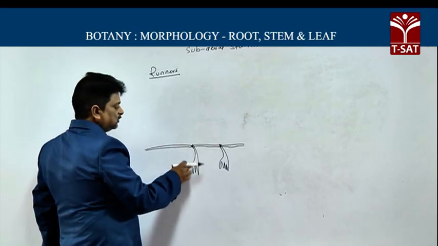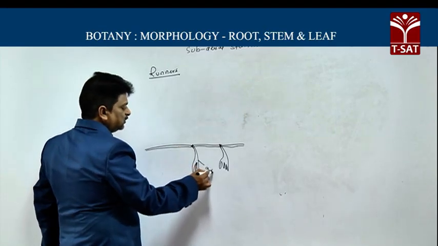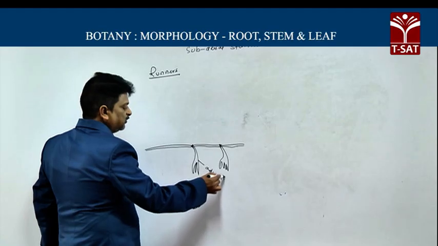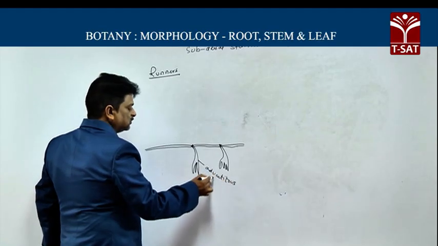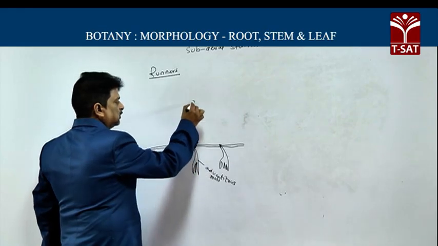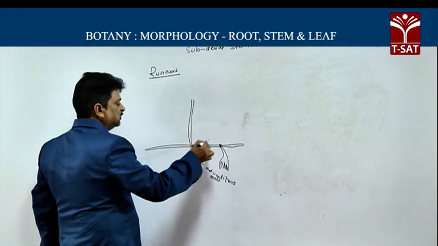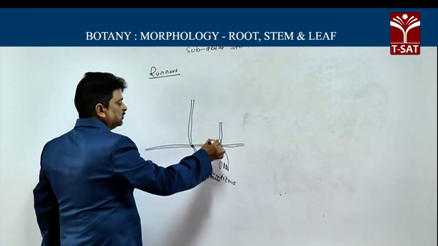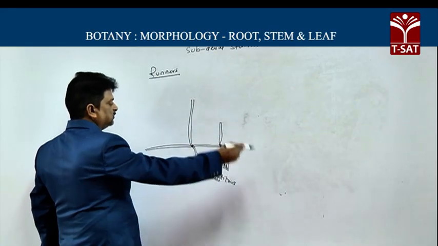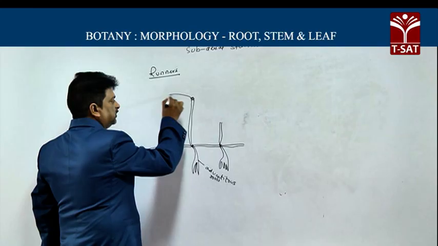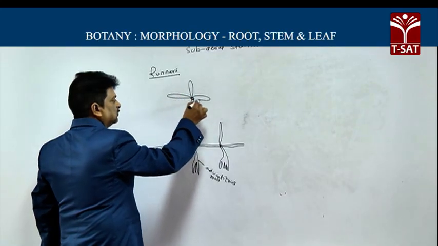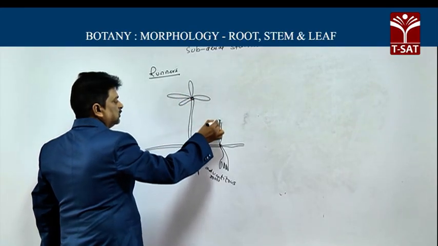At the node, on the lower side, adventitious roots are formed. Then on the upper side, it develops branches, and these branches produce leaves.